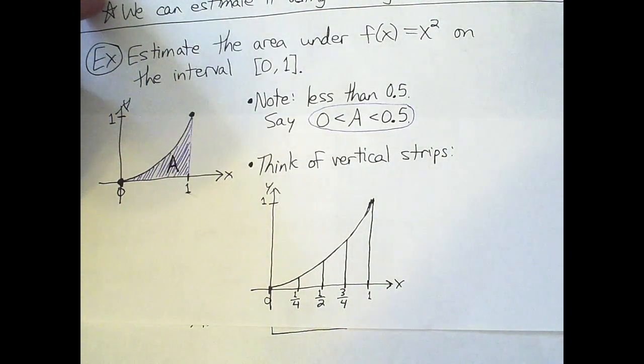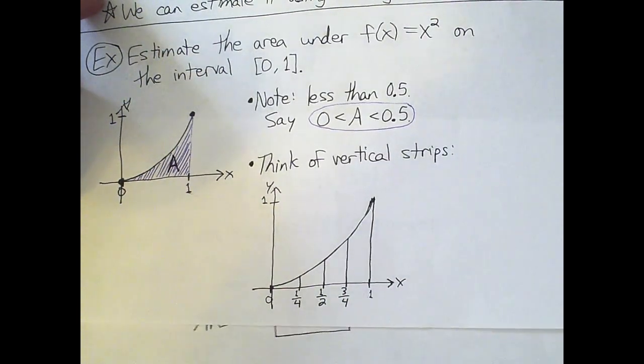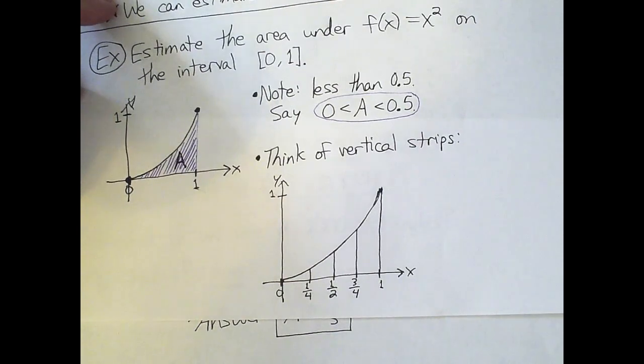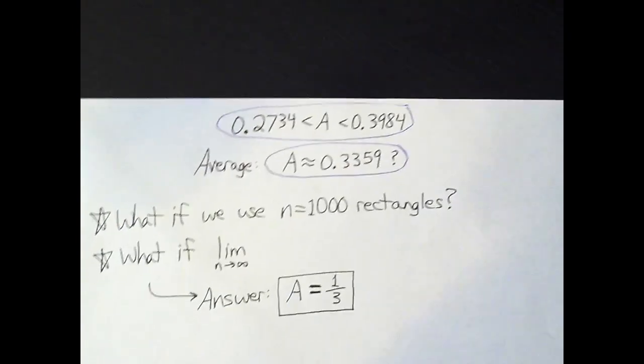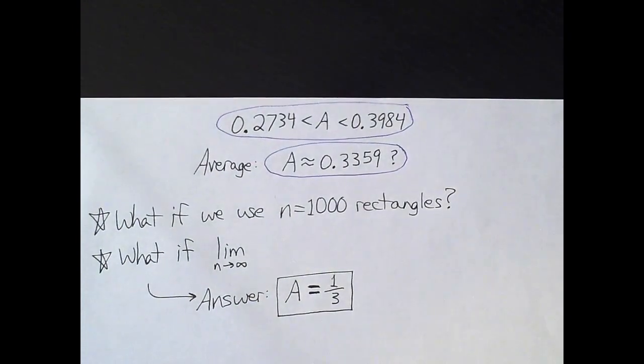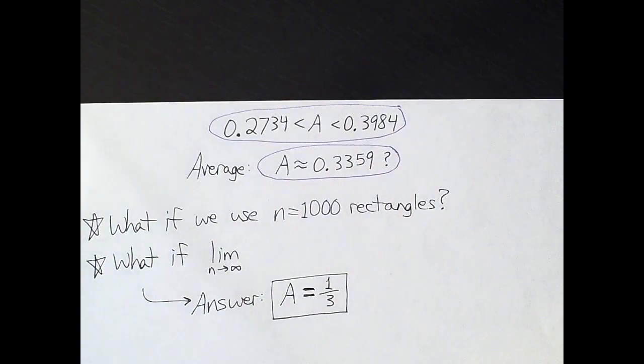So you know that we're doing either L4 or R4 or M4. And you might draw a picture like this to figure out where these points are. You would need to figure out the width of each rectangle. You could figure out the width by using the picture or that little formula we had.